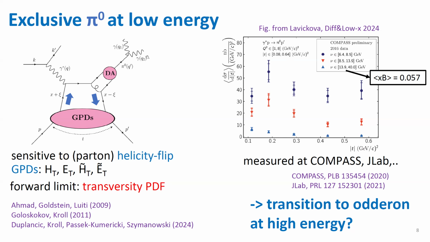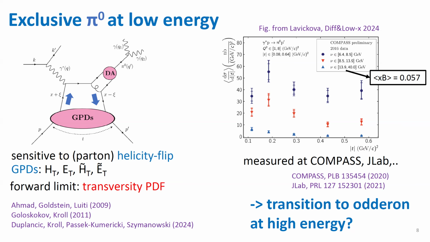The low energy region means you are sensitive to the quark part of the proton, and in particular, the physics point of studying this process is to consider helicity-flip GPDs, and this is interesting because in the forward limit, this would give you, let's say, an independent handle on the transversity PDF. So this is the physics point of studying this process at low energy.